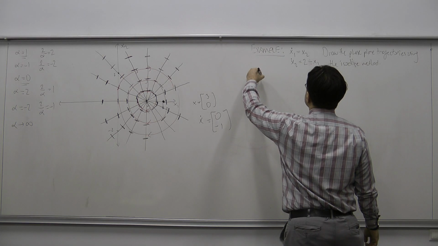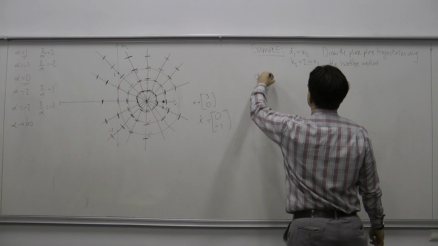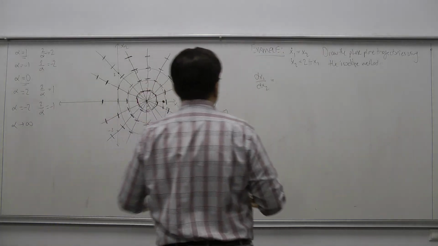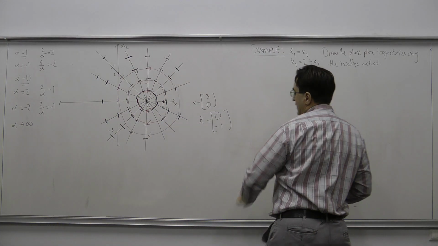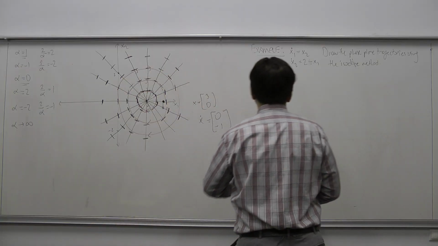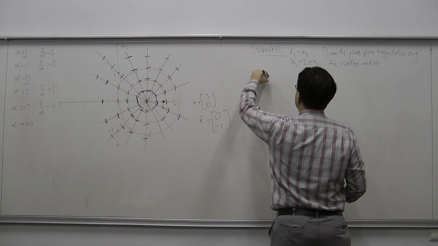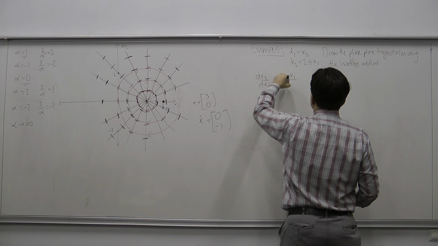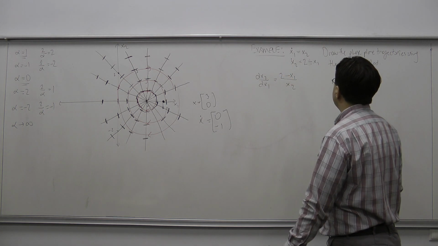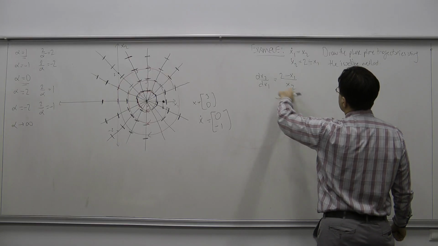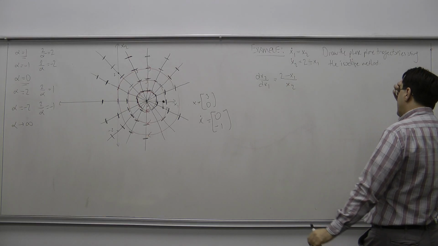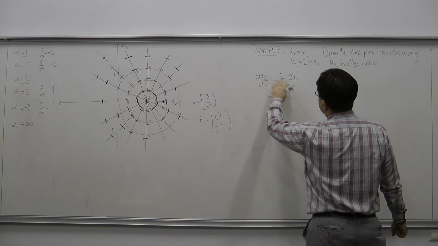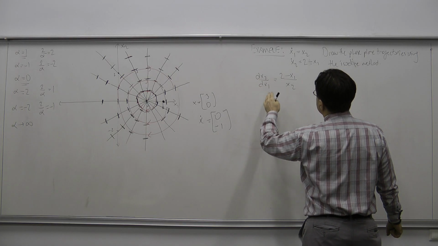So if I write dx1 over dx2, that is actually, it doesn't matter which one you take here, but in the isocline method, I use dx2 over dx1, so why not use that one? As I told you, it doesn't matter. I have this, okay? dx2 over dx1 is given by this, and our first methodology tells us that I need to collect the like variables on each side.